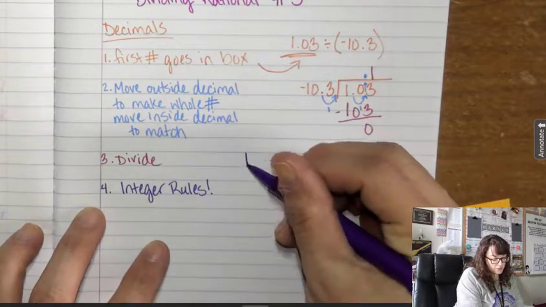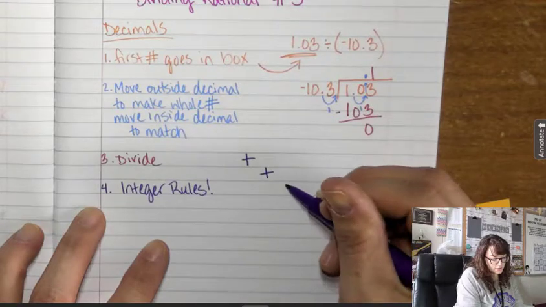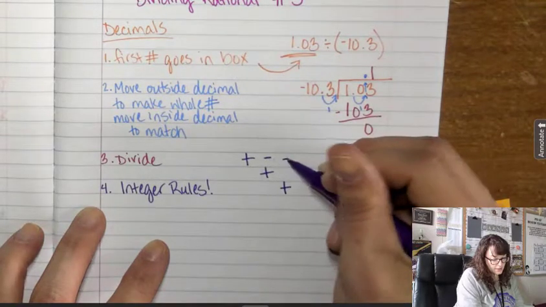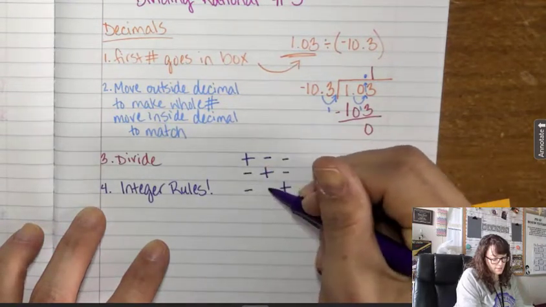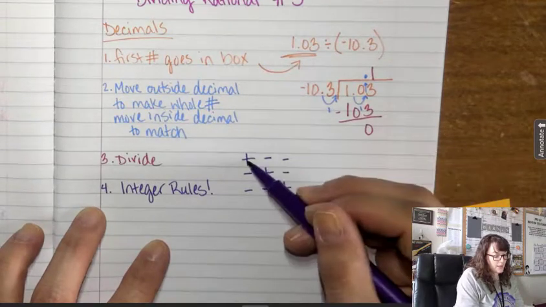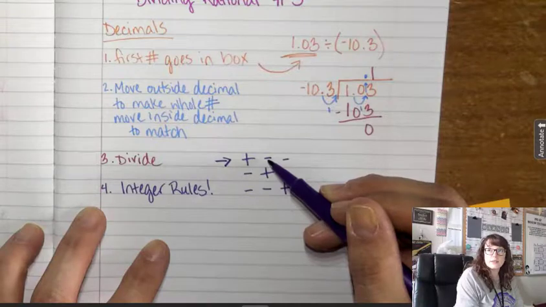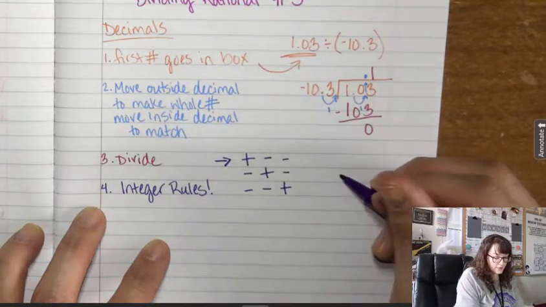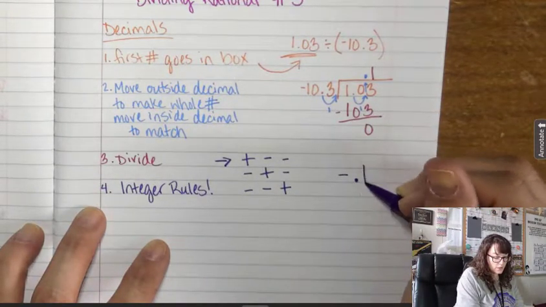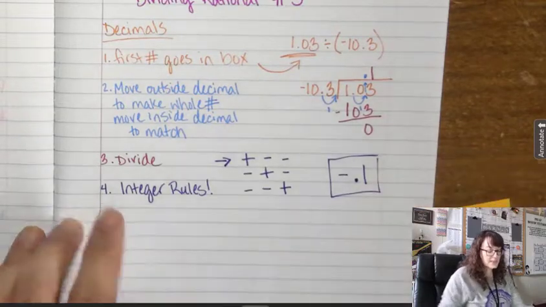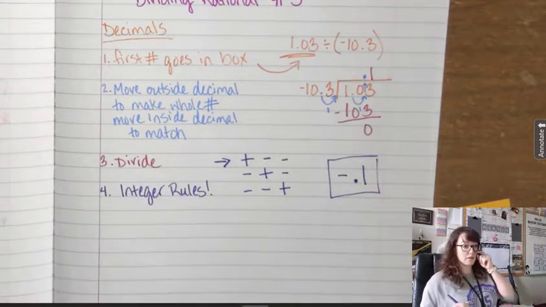Remember, we have that plus, plus, plus, minus, minus, minus. So a positive divided by a negative is a negative 0.1. This is the only 7th grade piece right there.